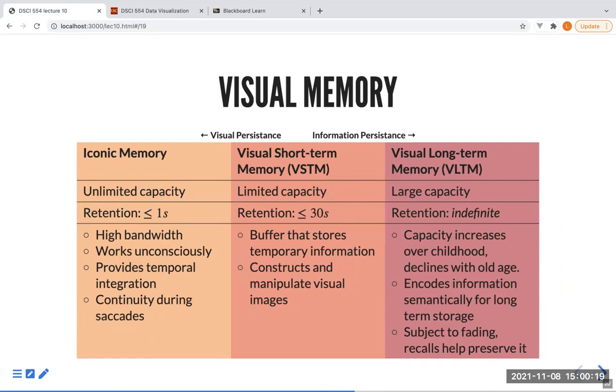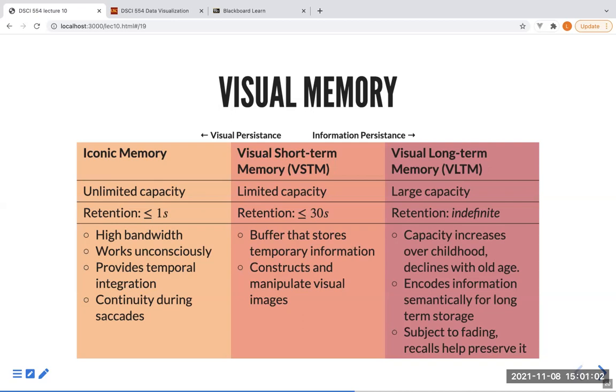So the model that is understood today is represented here in terms of three types of memory: the iconic memory, the visual short-term memory or VSTM, and the long-term memory or VLTM. Let's look a little bit at what properties they have, and we can contrast them and relate them to some of the things we've seen. So, the iconic memory.